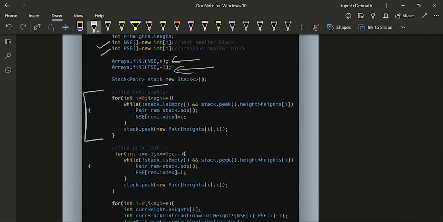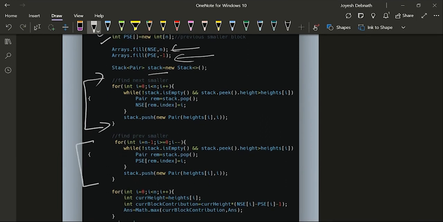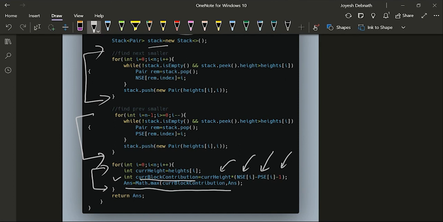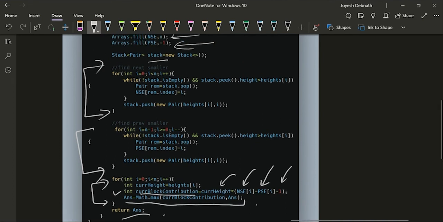Here I am computing the next smaller, and here I am computing the previous smaller. Then I am iterating over the blocks, and for each of the block I am computing the current block contribution, which is current height into next smaller of I minus previous smaller of I minus 1. And then I am taking the maximum of current block contribution and answer, and then you have to return the answer.